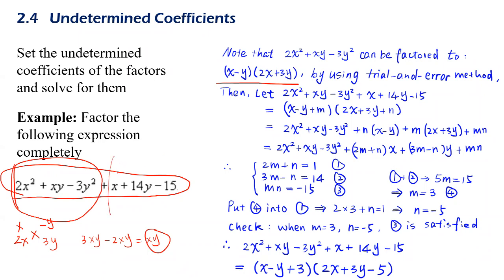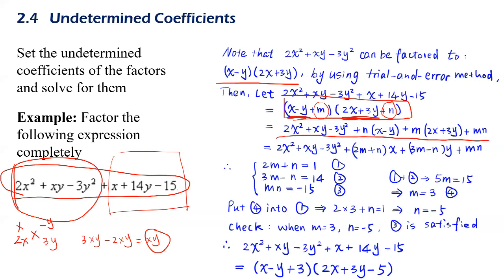But remember that there are some other terms here. So we can let the original expression equal x minus y plus m times 2x plus 3y plus n, right? We put these two undetermined coefficients here and then expand it. If we expand this expression, you will get the expression here, and this expression should be exactly the same as this one, because m and n are undetermined coefficients here.